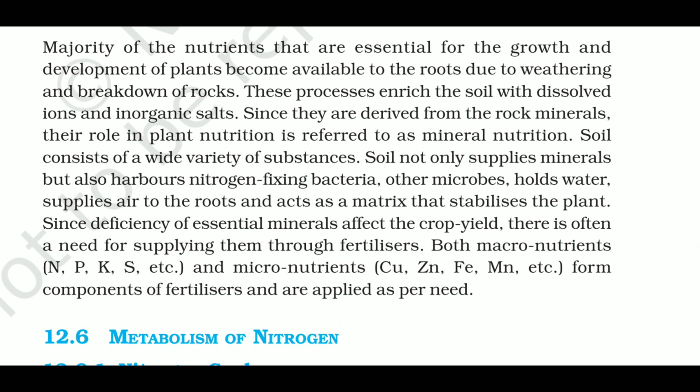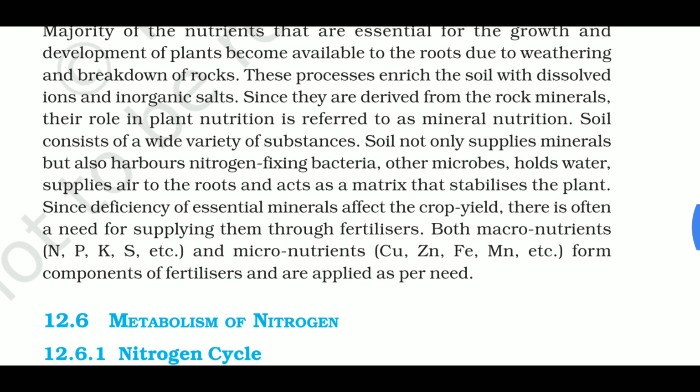Soil consists of a wide variety of substances. Soil not only supplies the minerals but also harbors the nitrogen fixing bacteria and other microbes, holds the water, supplies the air to the roots and acts as a matrix that stabilizes the plant.